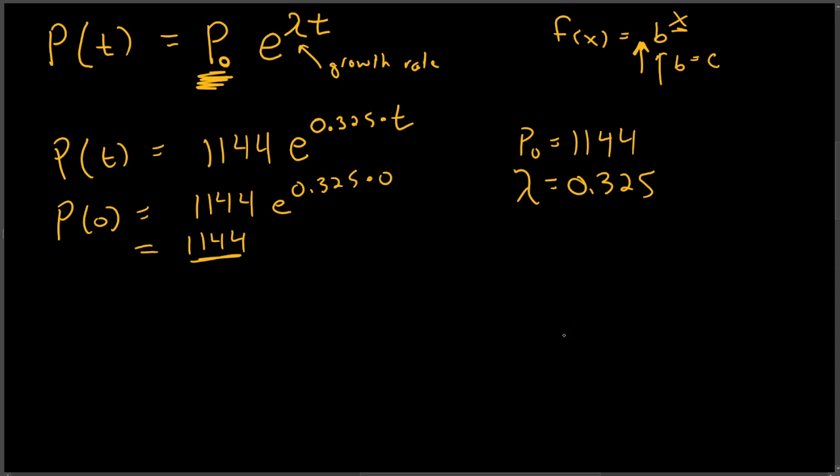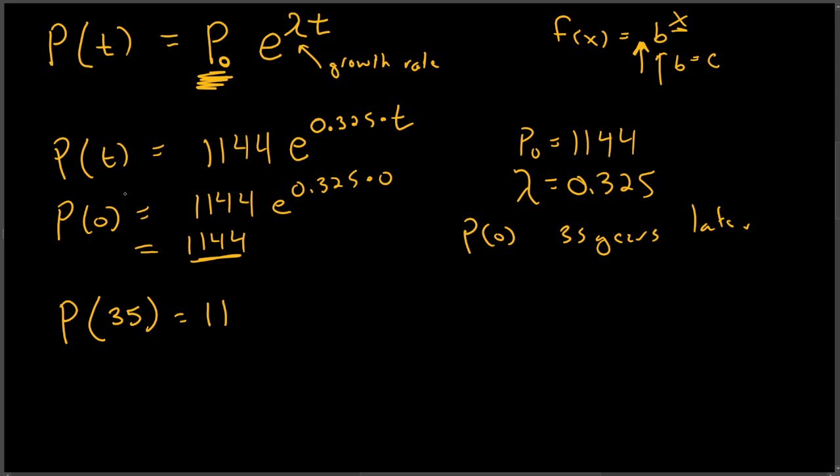Well, after a set amount of time, let's see what I want to look at here time-wise. Let's figure out what happens in 35 years. So we'll say P, 35 years later. So we want P when 35 years have passed.